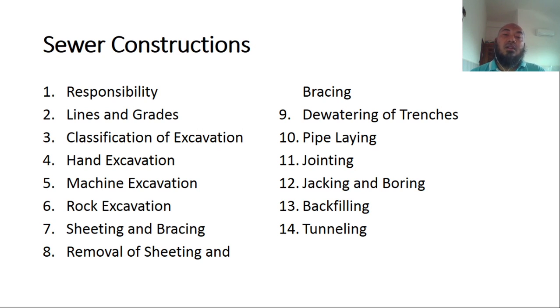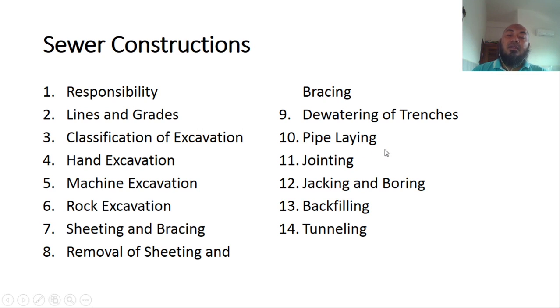It will be a big problem for us to work, especially during the excavation to lay the pipe. So we have to dewater to make sure that the site is dry and we can work on it. Let's see what methods we are going to use for dewatering of trench.